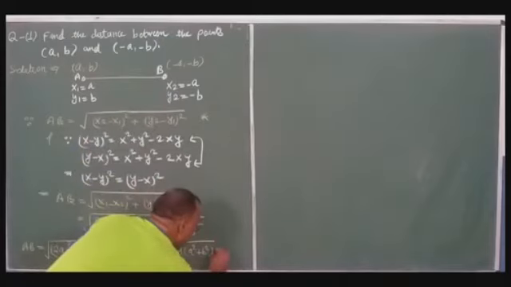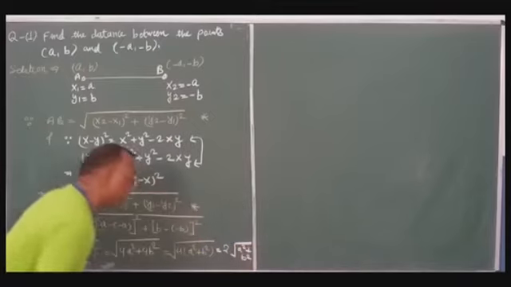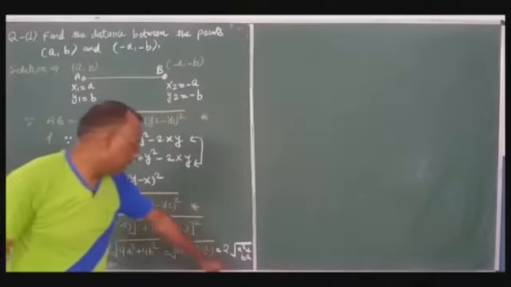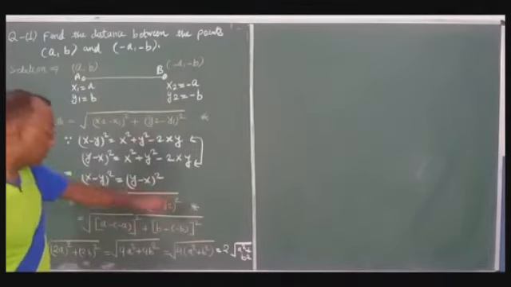So what will be left here? 2 under root A square plus B square. It's okay. So this is the answer of this problem.